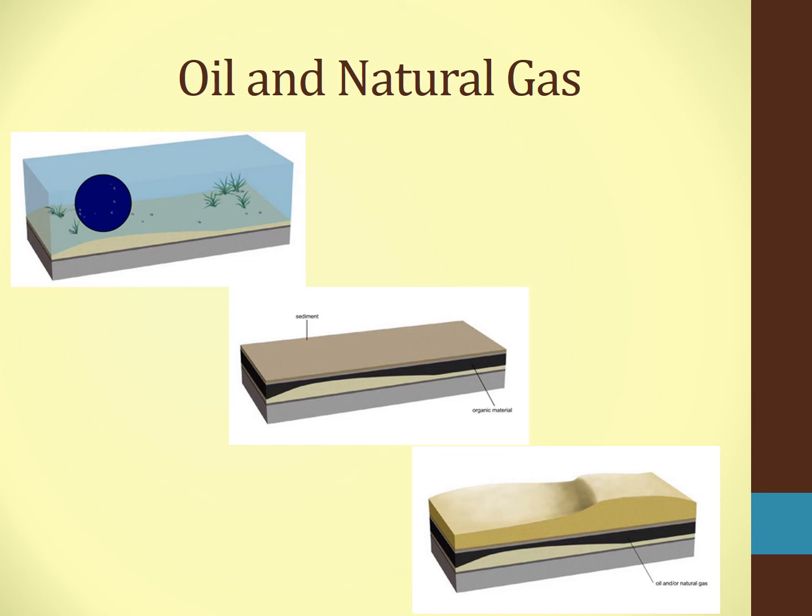Over years, a combination of heat, pressure from the water, and decomposition changes that matter into oil and gas. So here you can see some pictures or diagrams of how that oil and natural gas is forming.